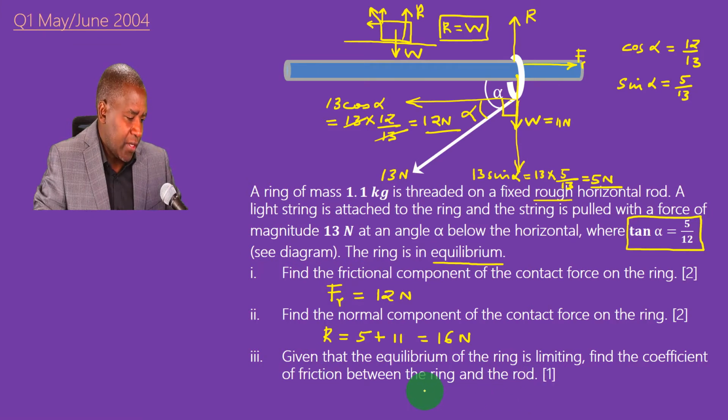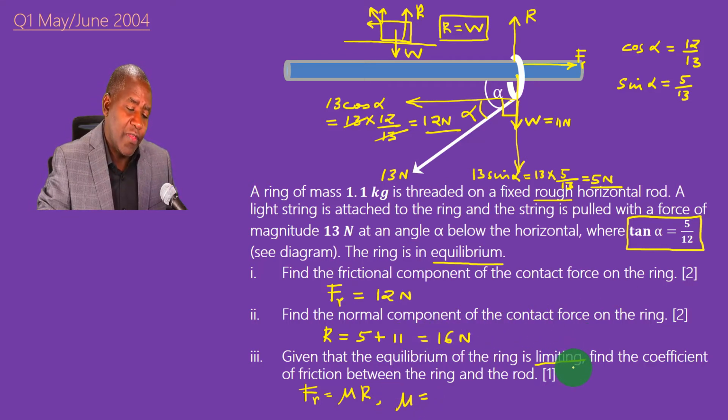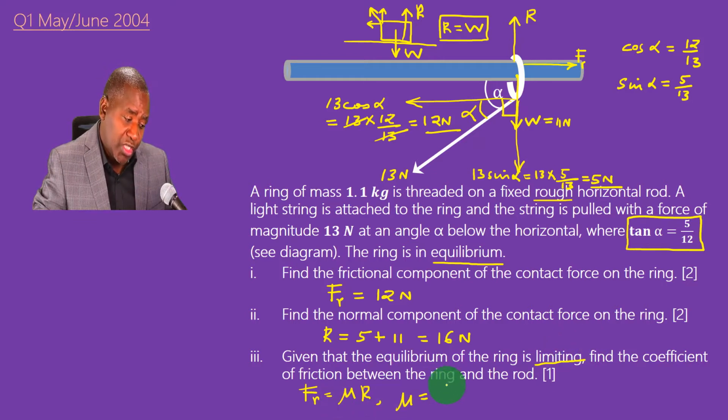Now, given that the equilibrium of the ring is limiting, when we are told that the equilibrium of the ring is limiting, it means they are giving us permission to use this equation: friction force equals mu R. In other words, the object is just about to move and the friction force acting on it is maximum. That is when you use this equation. You don't use it just any time.